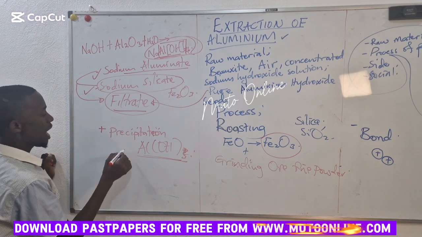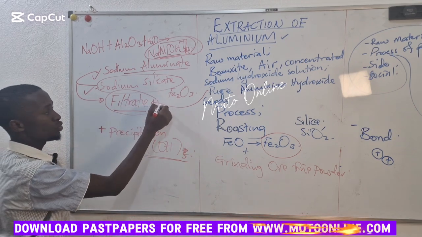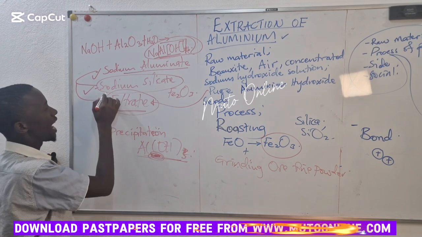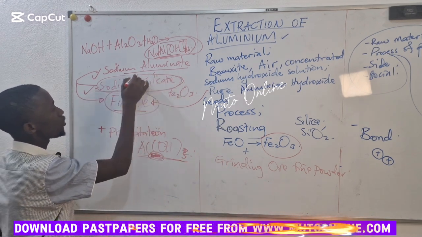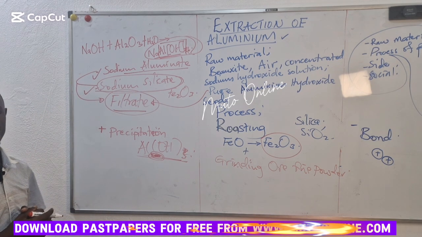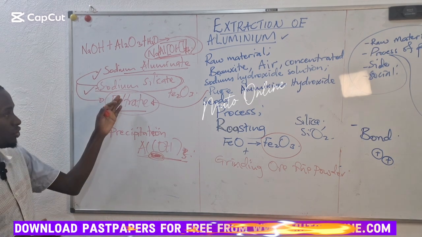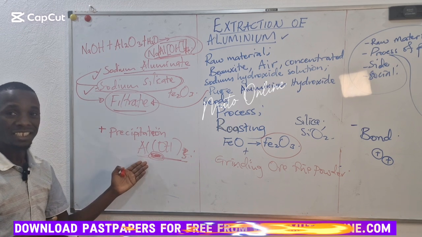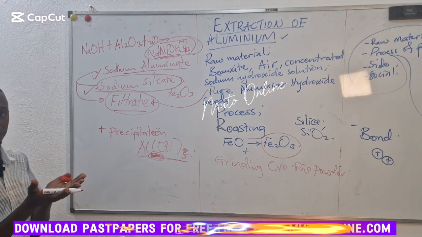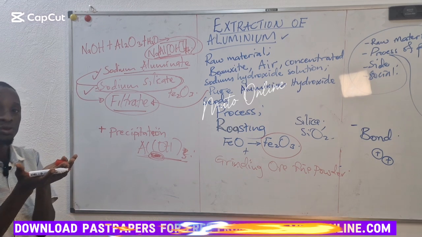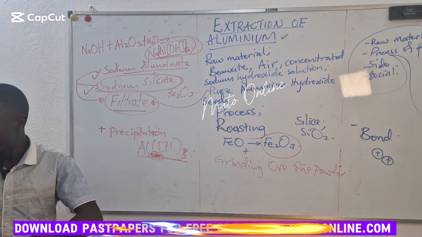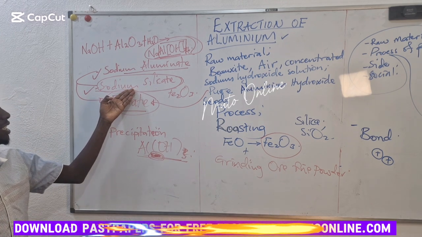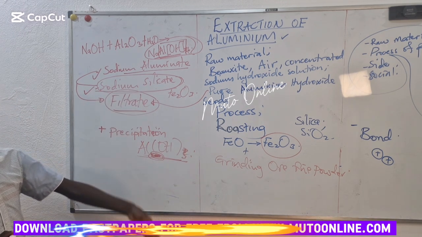So this means we now have two products. We have a precipitate of aluminium hydroxide, and a clear solution rich in sodium silicate. So the aluminium hydroxide is then filtered off, remaining as the residue on the filtering surface, leaving behind the sodium silicate as a filtrate.